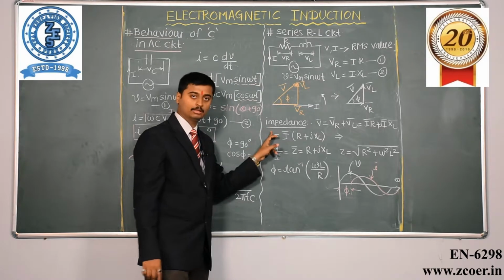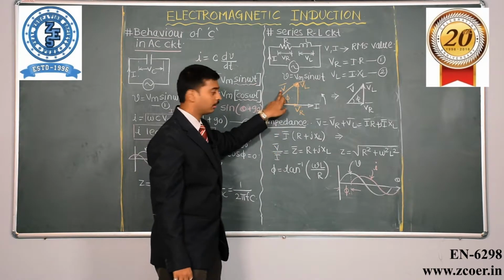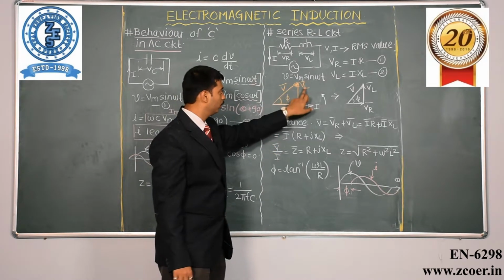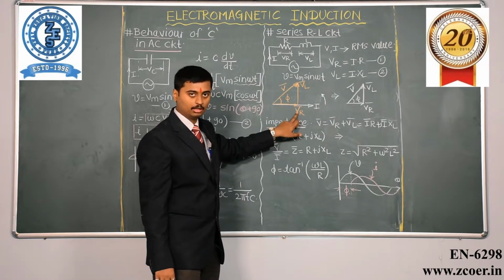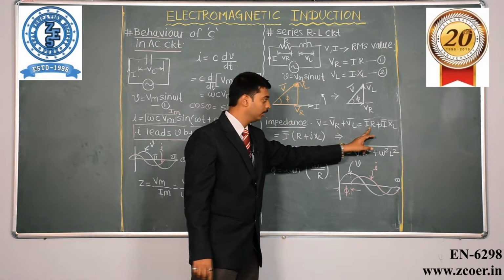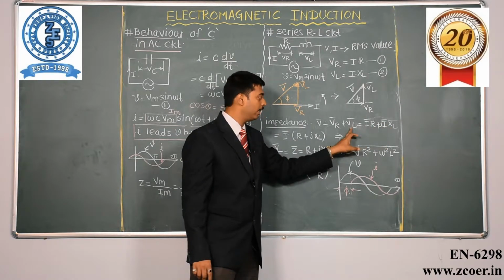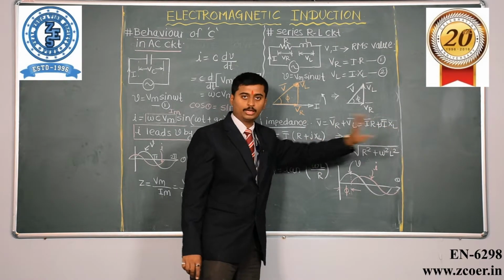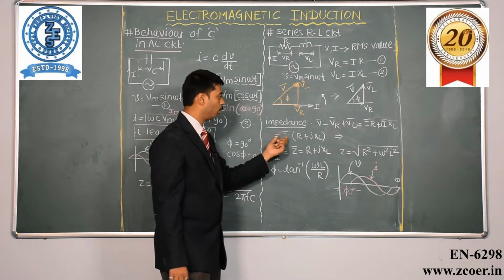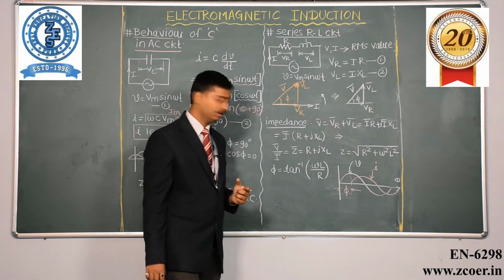Now what is the total impedance? As per the diagram, V bar equals VL bar plus VR bar. VR is I into R, plus VL is j I into XL. If we take the current common, it would be R plus j XL.